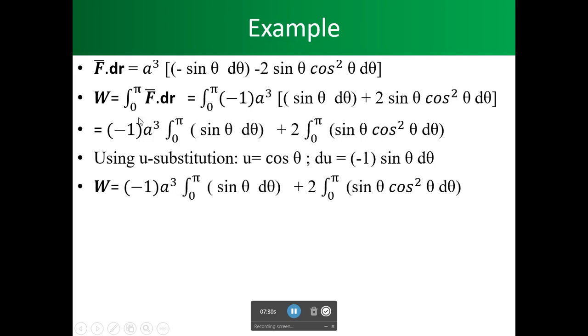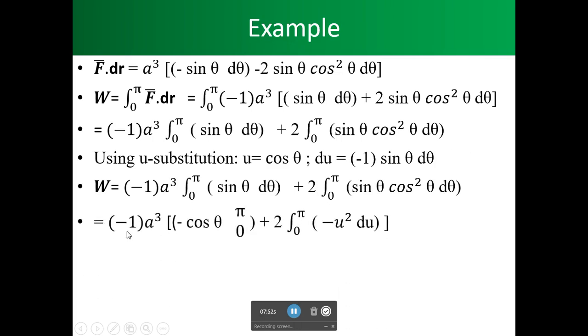So we see our work here is we're going to still pull out the minus 1, our constant out front. Then we have our sine of theta d theta plus 2 times the sine of theta cosine of theta. Pull out this constant. And we're going to evaluate this.